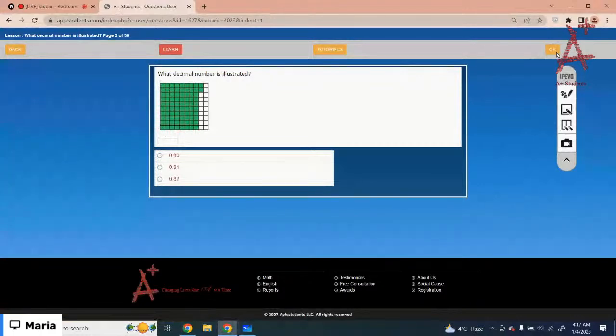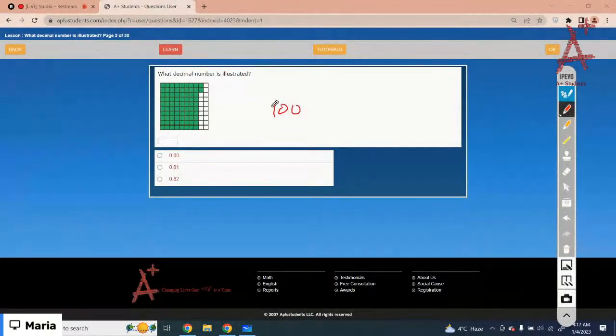Okay, what decimal is illustrated? Which is the correct option? The total small boxes are 100. And out of the 100, how many of them are colored? 82 of them are colored.